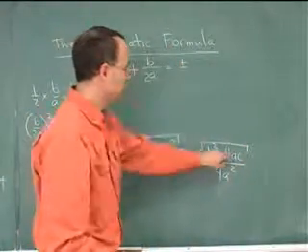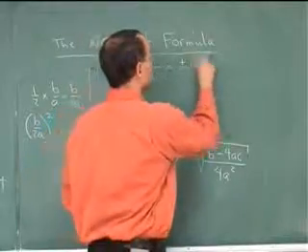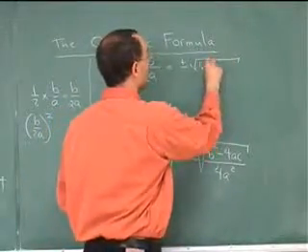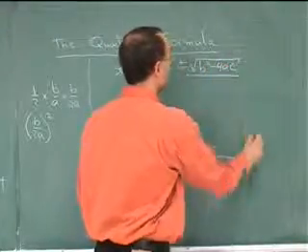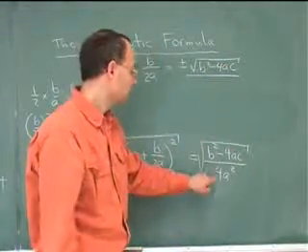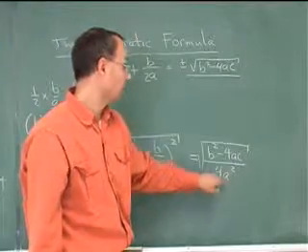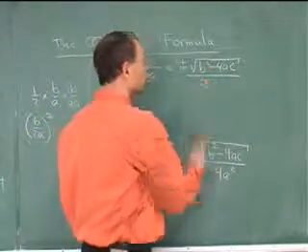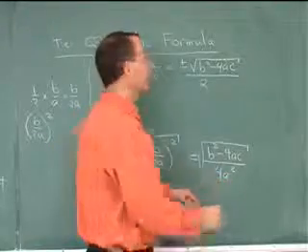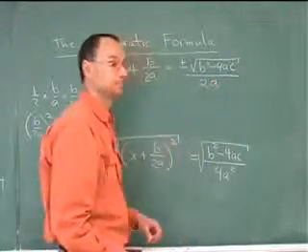Now, there's not much I can do about the top, so I'm just going to write that as the square root of b squared minus 4ac. And on the bottom, I can figure out the square root of 4 and the square root of a squared. Square root of 4 is 2, and the square root of a squared is a.